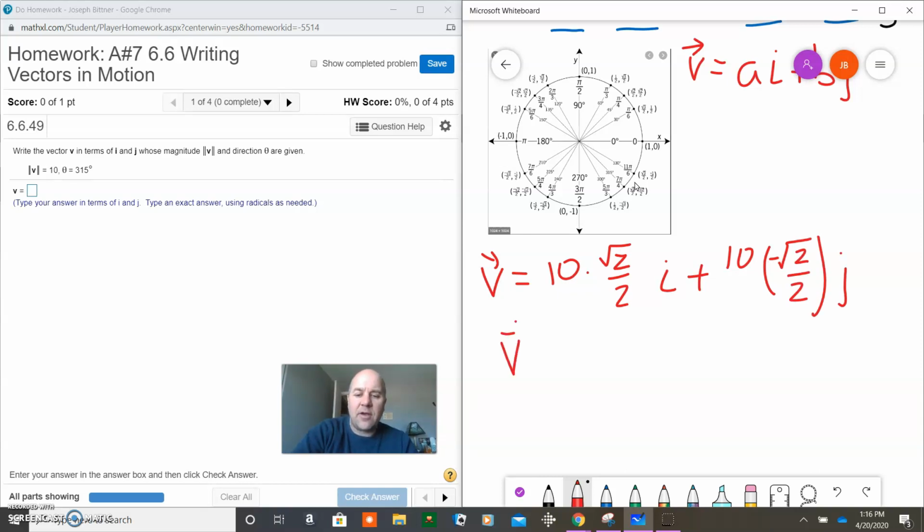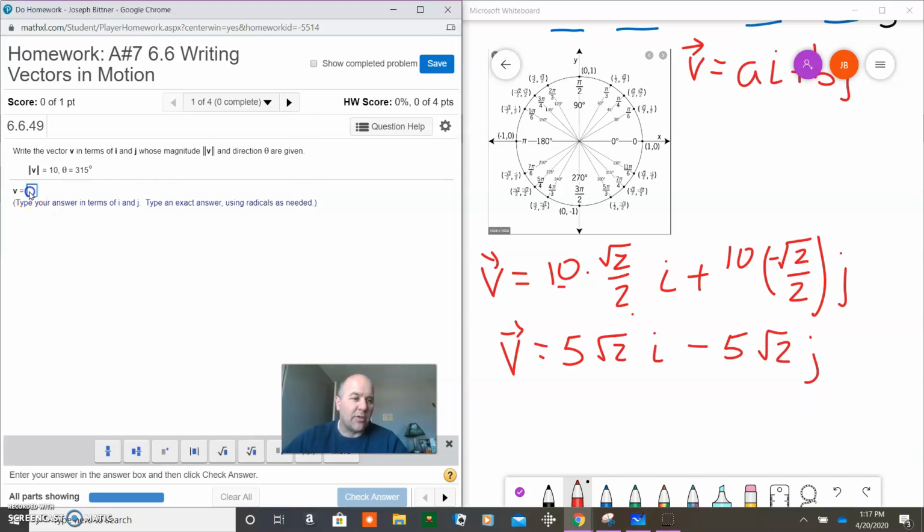And if I write out the vector correctly, the 10 and the 2 will divide each other and get you 5 square root of 2 i, plus, actually I can write that as a minus 5 square root of 2 j. And that is the answer that they're looking for in this part.